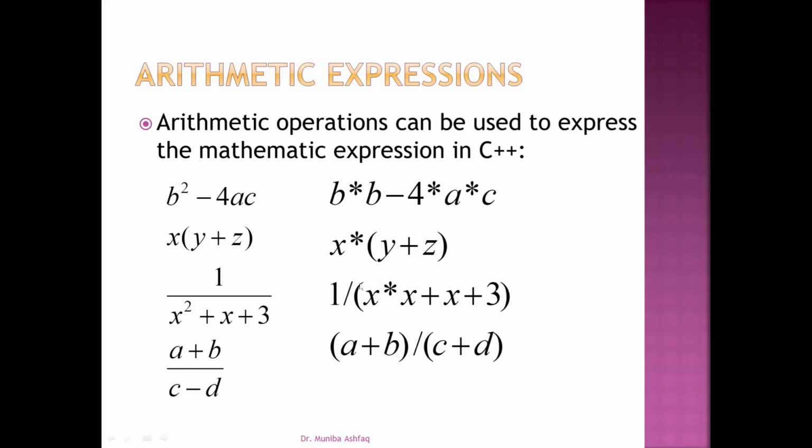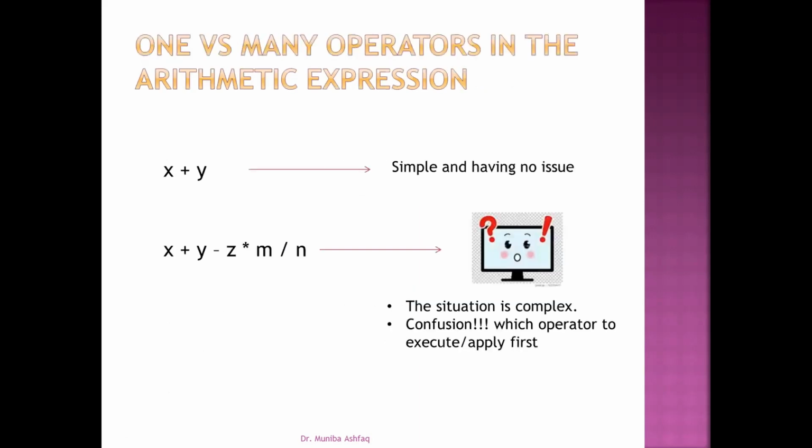So we have to write the parentheses to show that we have to evaluate this expression first, and then take the reciprocal of that. In this case too, if you don't write the parentheses, the result would be different. So you have to be careful while writing these arithmetic expressions in a C++ program.